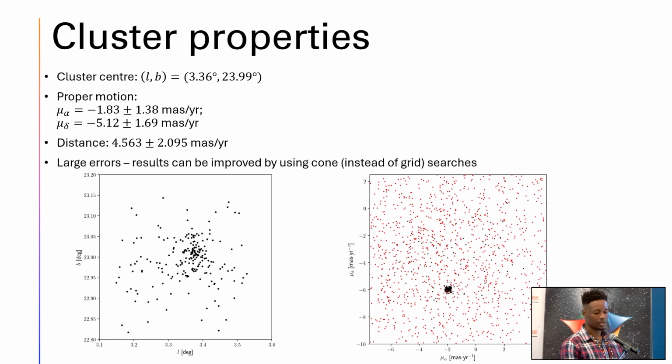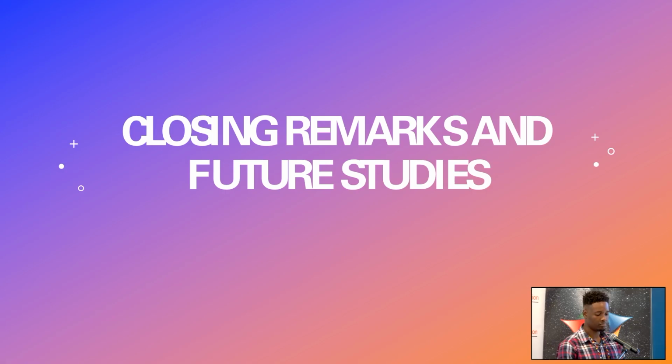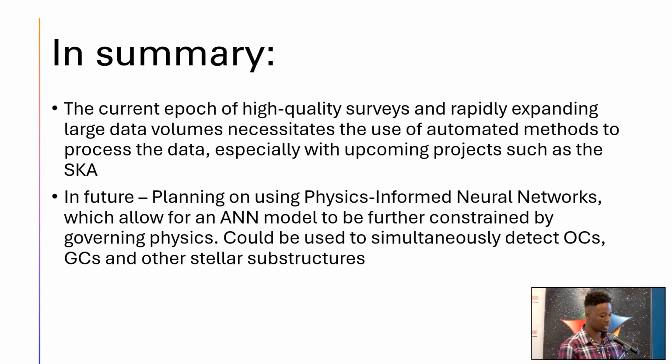So in terms of closing remarks, one of the things that I would like to do in future is create an artificial neural network that also incorporates the differences in the physical properties across actual clusters. If we know anything about globular and open clusters, it is that globular clusters tend to be gravitationally settled, virialized, whereas open clusters are governed more so by n-body physics.